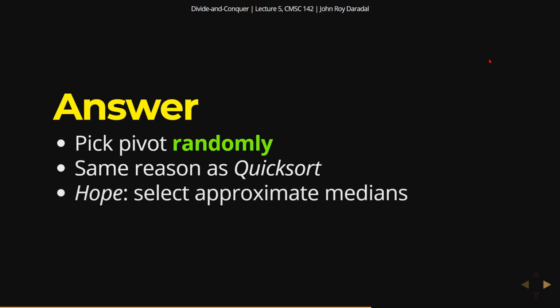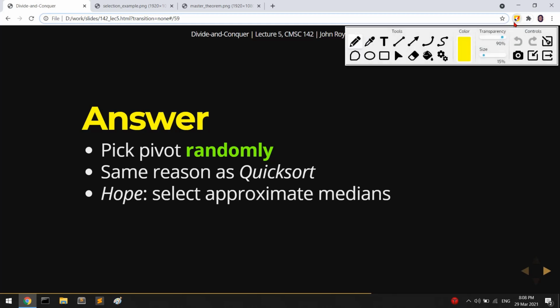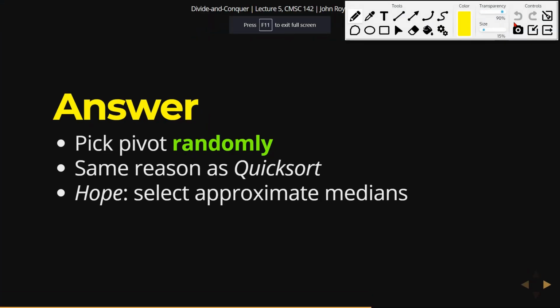So you can just pick the pivot randomly, and the hope is we could select approximate median. So not exactly the median, which would give you half, but approximate median. So when we say approximate medians, let me give you an example. Let's say 1, 2, 3, 4, 5, 6, 7, 8, 9. So in this case, 5 is the median, right?